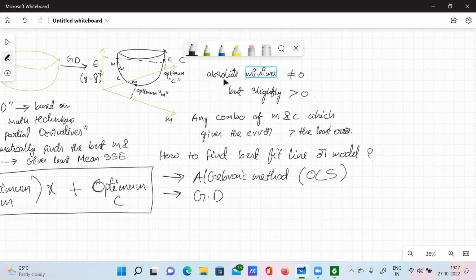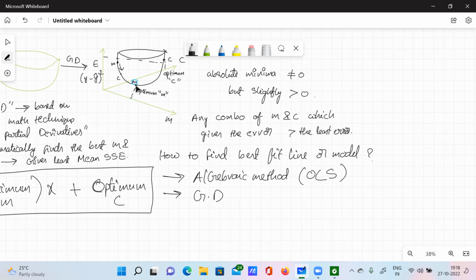But here we have some conditions, that is, some principles. So the absolute minima will never be equal to zero. It should always be greater than zero. This is the condition, right?